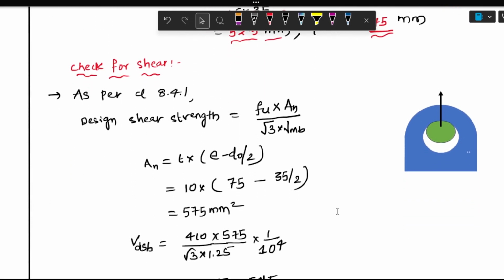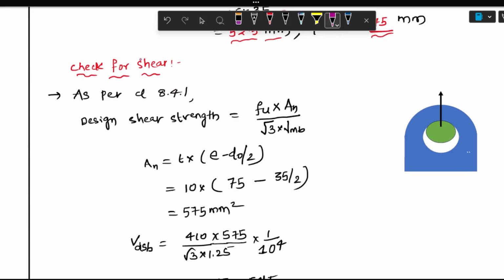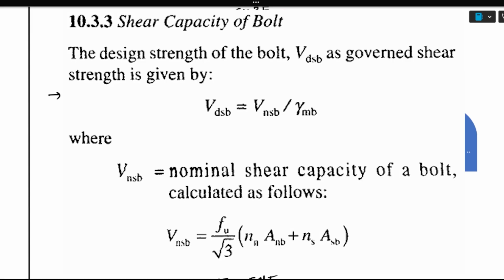Now let us get into the checks for a lug plate. The first check is the check for shear. As per clause 8.4.1 of IS 800 2007, the design shear strength of the bolt is Fu by root 3 gamma mb into Nn Anb plus Ns Asb.